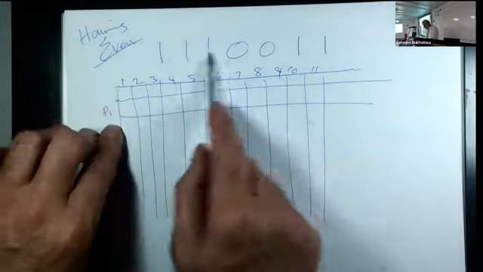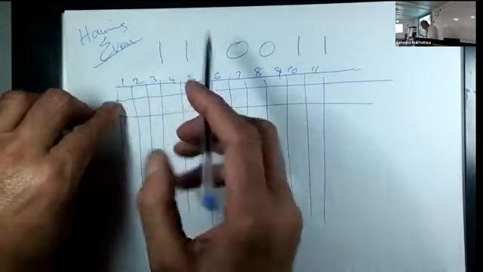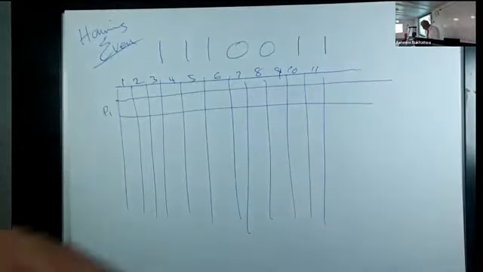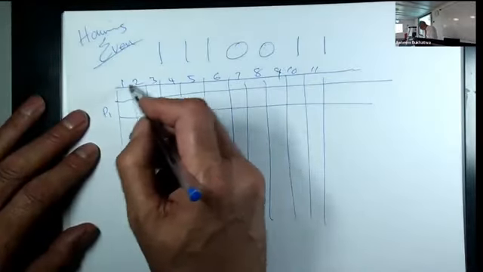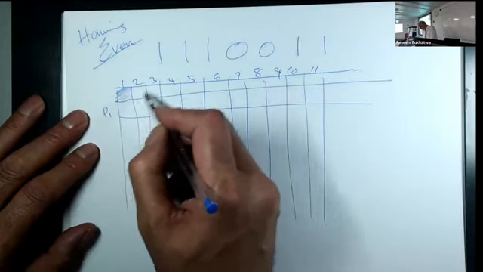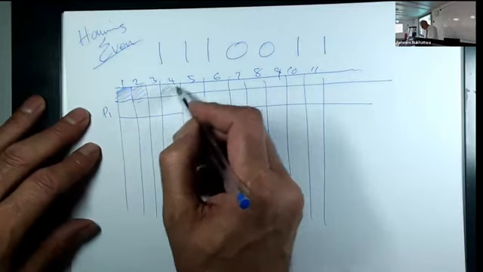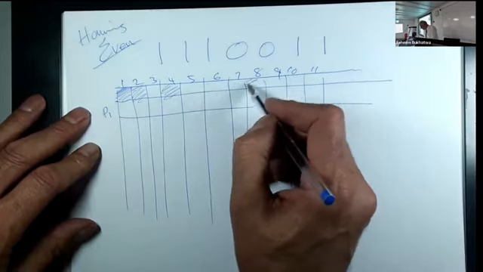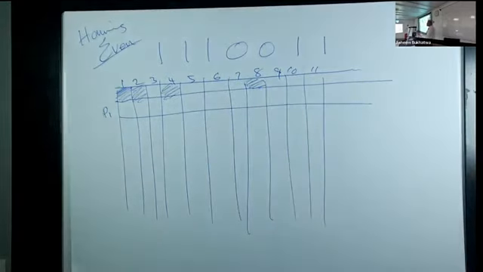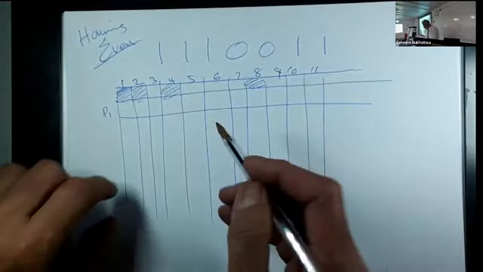When you write this data, where do you write it? Remember, there are 4 columns you should not be writing in. These are the parity columns: 1, 2, 4, and 8. Don't write anything there. You're a sender, you have to find out what these values are. You're not given those values.